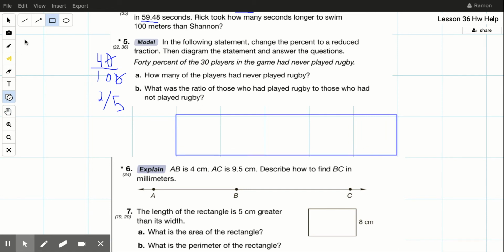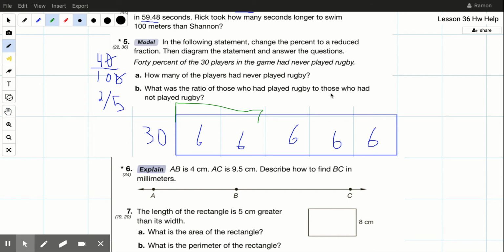And so if we have a total of 30, each of these encompasses 30 divided by 5, which is 6 in each. So 6 per group. Now, 2/5 had never played rugby. So this would be our 2/5 here. So the total number of players who had never played rugby would be the total from the 2 boxes here.